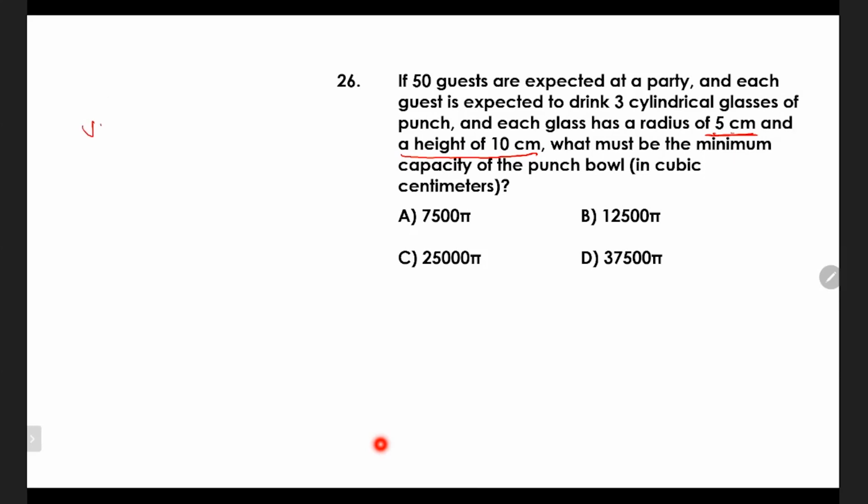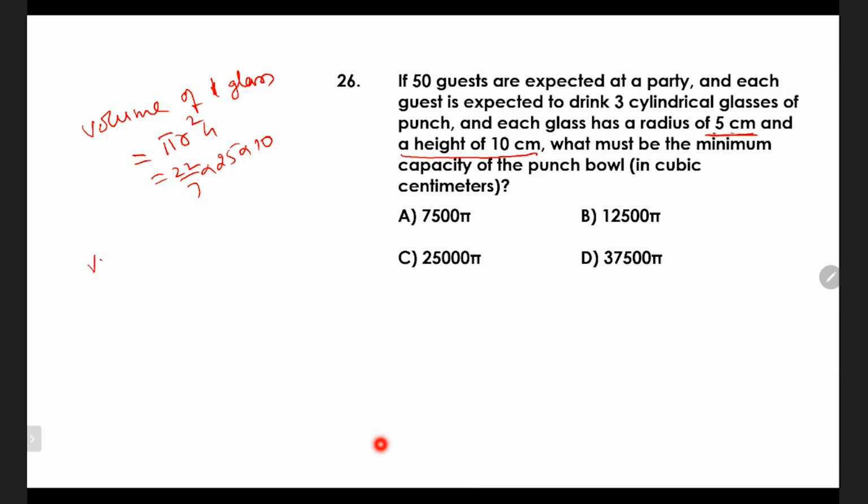So, volume of one glass, because each guest is expected to drink 3 cylindrical glasses. Volume is nothing but pi r square h. R is 5, square. 22 by 7 into radius square is 25 into 10. So that is volume of one glass.